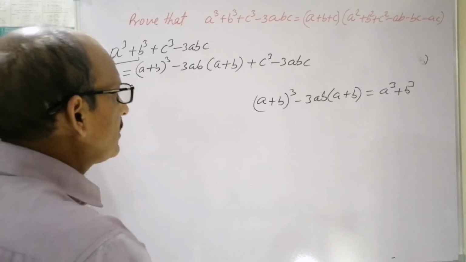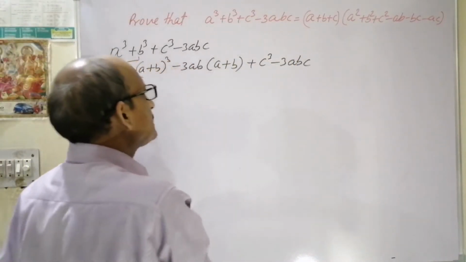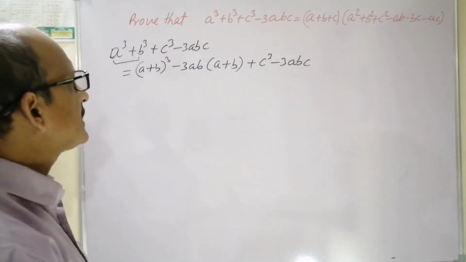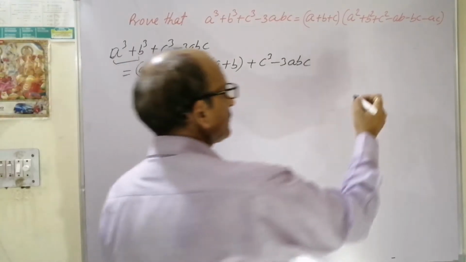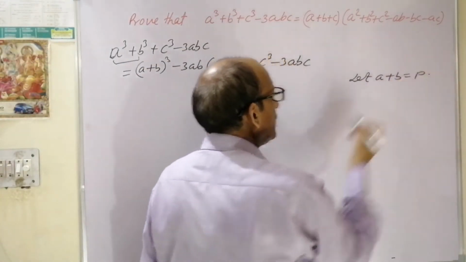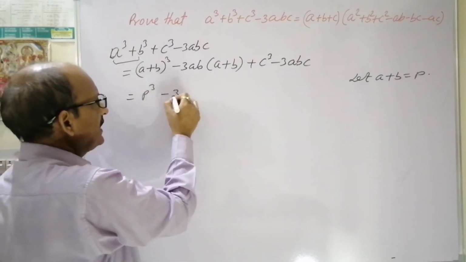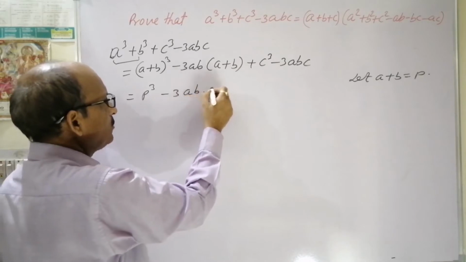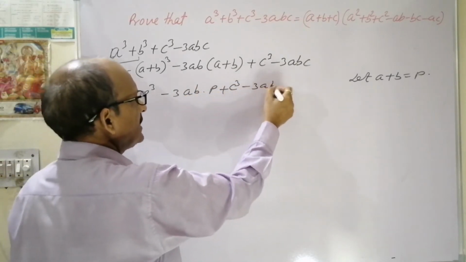Now, to get it in a simplified manner, we are interested to take a plus b as p. Let a plus b is equal to p. Now we can write here it is p cube minus 3ab into p plus c cube minus 3abc.